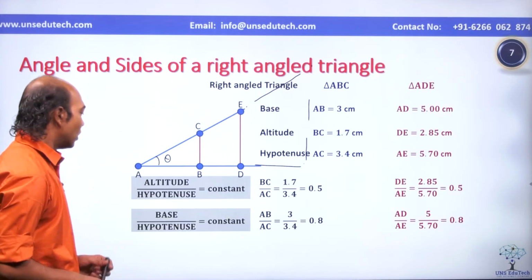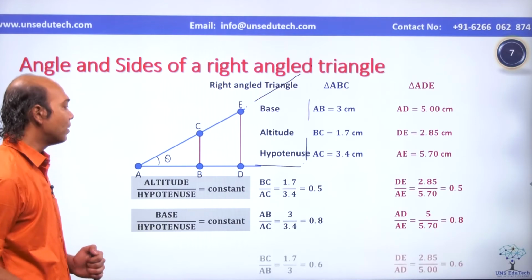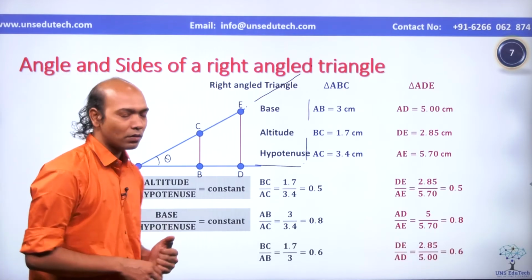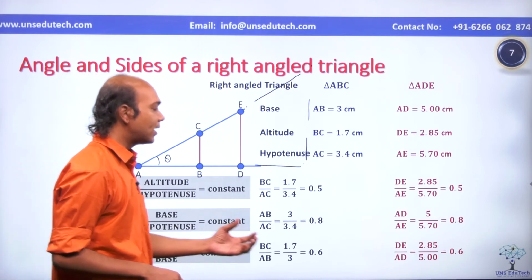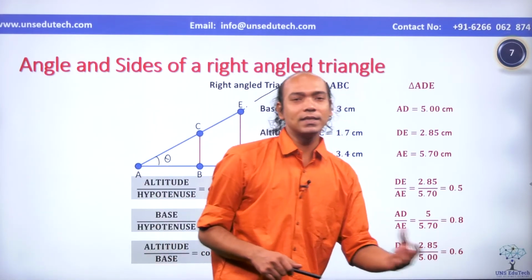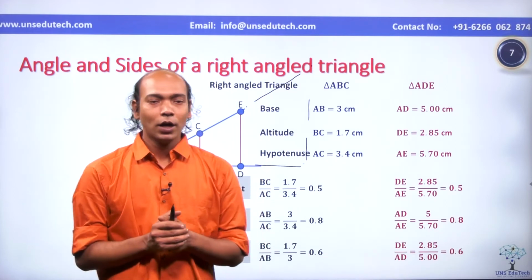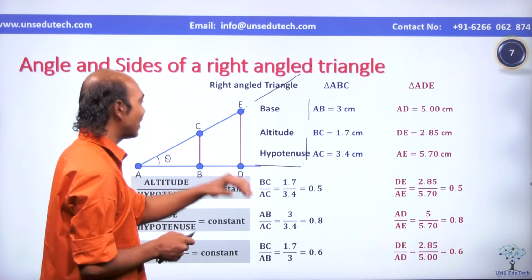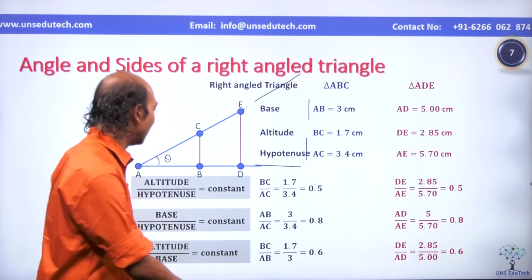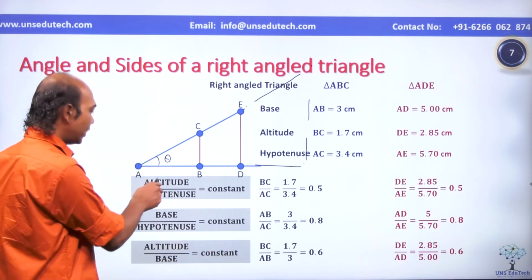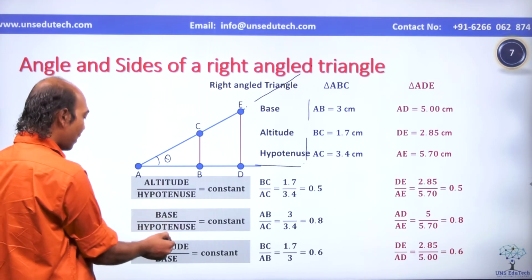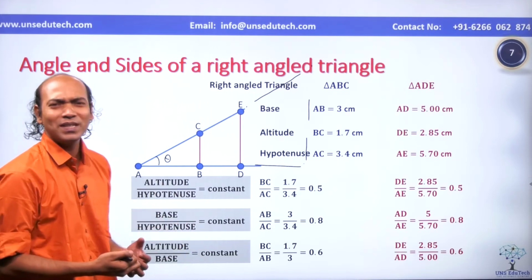Altitude by base is again constant, approximately 0.6. So, what do we learn? For any right angle triangle, if the angle is constant, the ratios of altitude by hypotenuse, base by hypotenuse, and altitude by base are always constant.